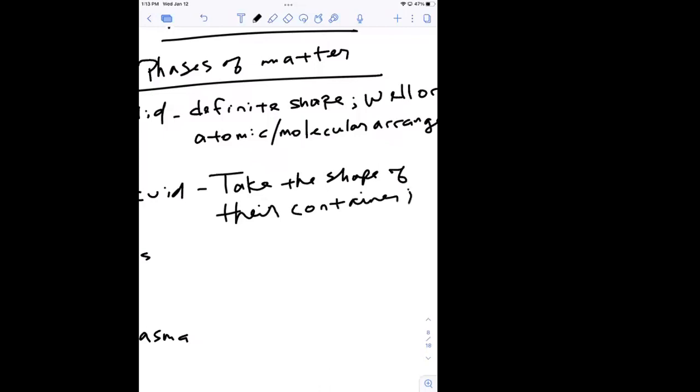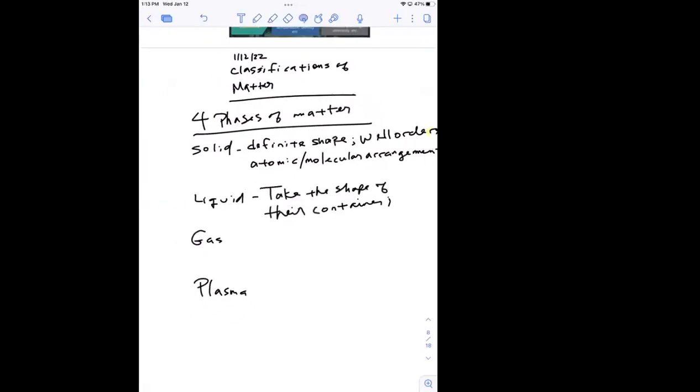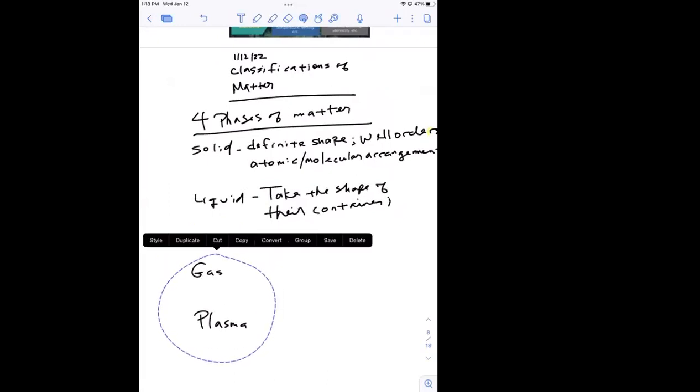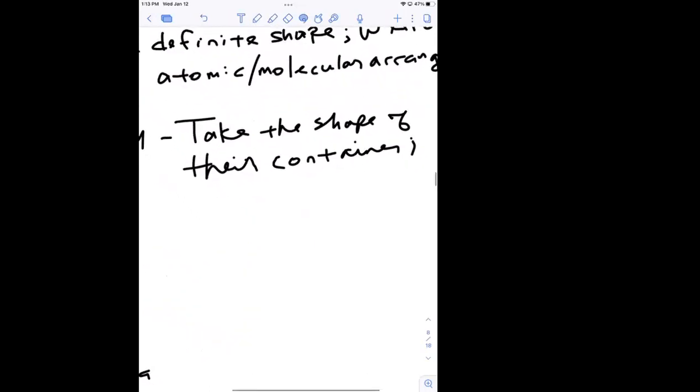What do we know about their arrangement? If a liquid is made up of specific types of molecules or atoms, what do we know about their arrangement? Is it as ordered as a solid, or is it less ordered? Less ordered, much less ordered, right? Good.